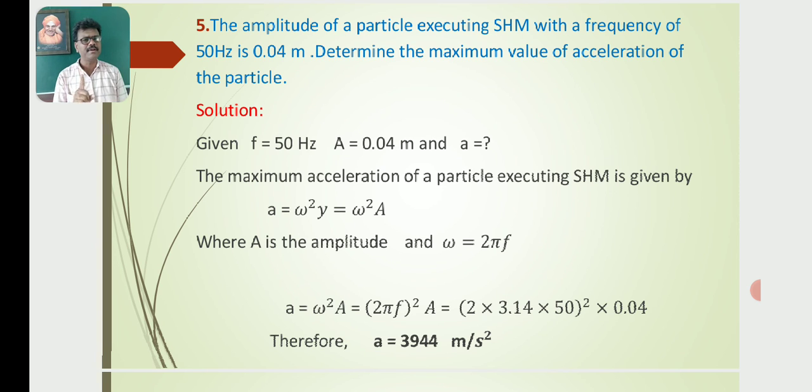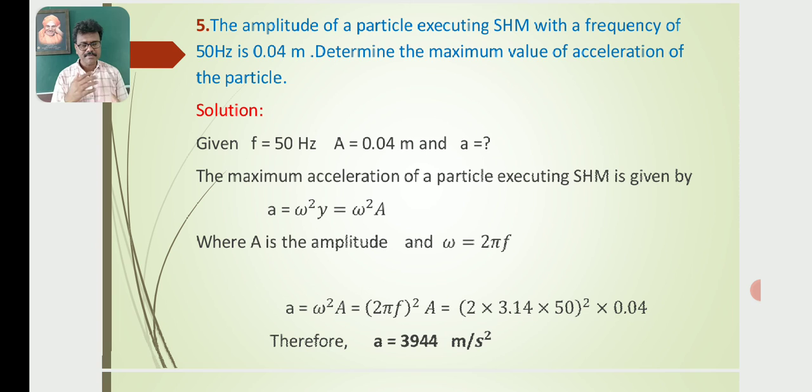So then 2 pi f whole square into A, which is equal to 2 into 3.142 into 50 whole square into 0.04.